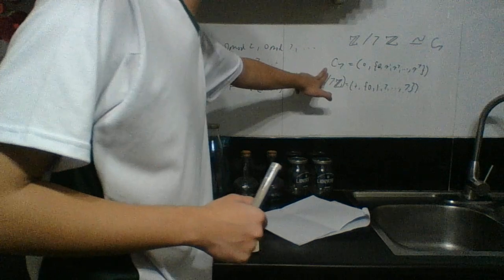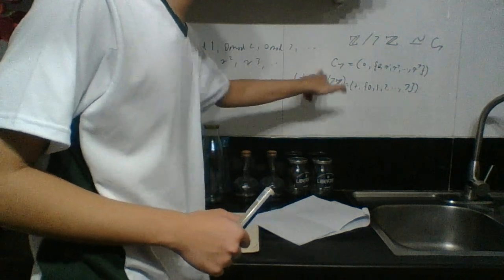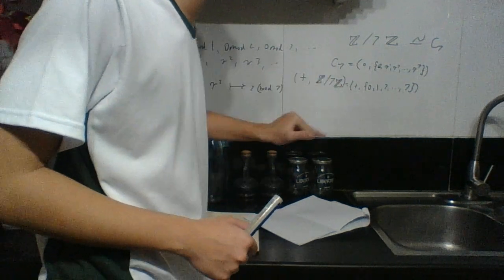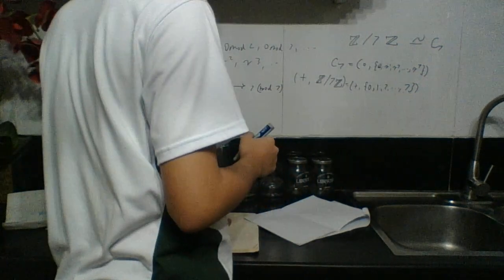And because we're able to correspond this cyclic group of order 7 here, since we have shown that there's an isomorphism between this cyclic group and this cyclic group, we can show thus that this carries over.